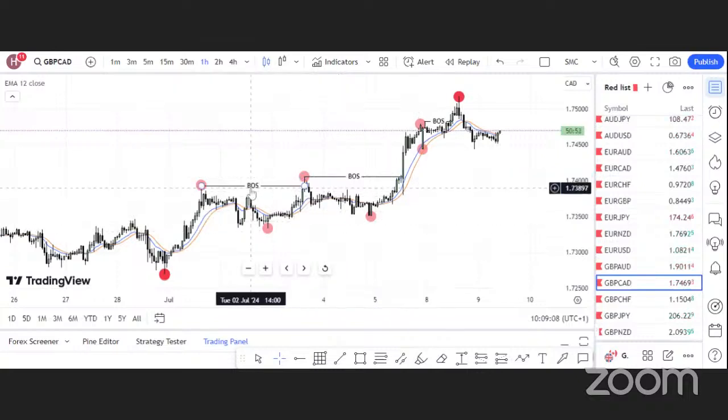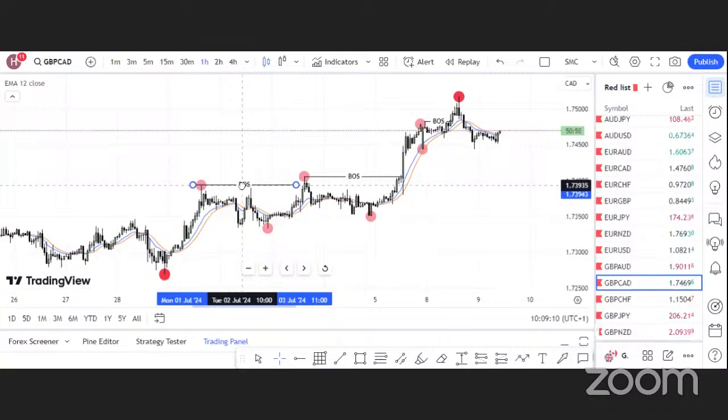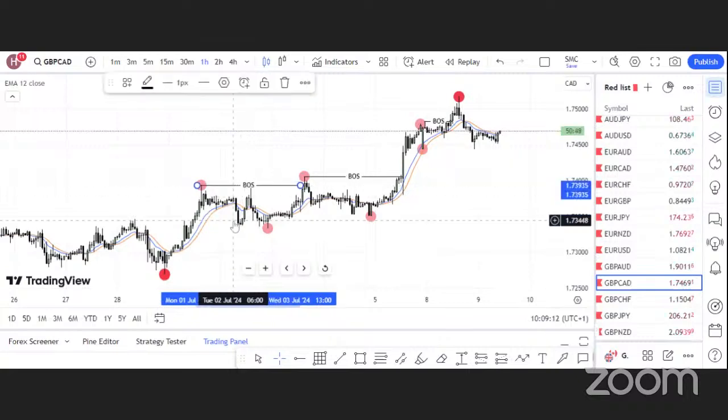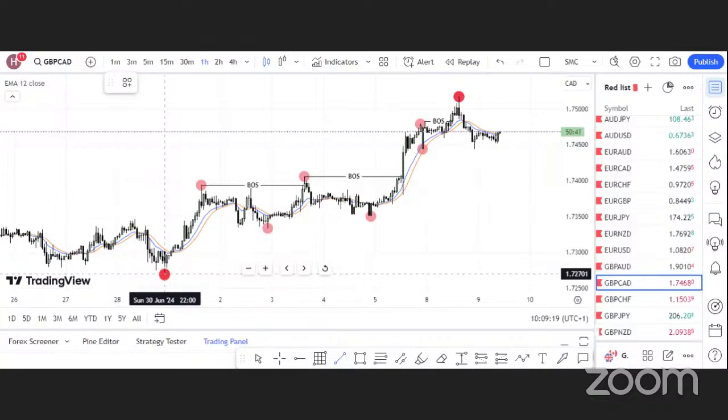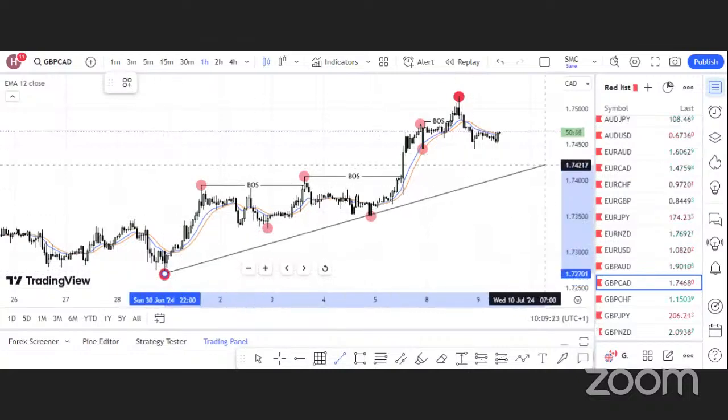Okay, let's see if we can have a trend line connecting these dots together. So I want to draw a trend line from the low to the high.